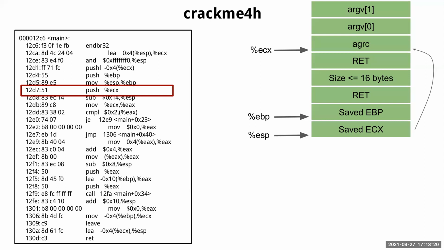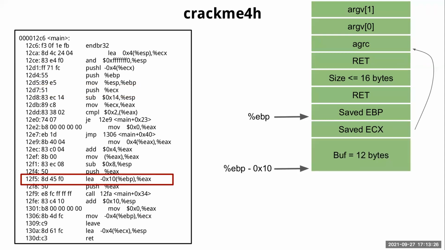We also need to decide where to put the arguments. So let's take a look at the other code. So here we have the call to, this is probably the call to string copy. And before string copy, we push EAX to stack. So we know the address of the buffer, which is EBP minus 10.